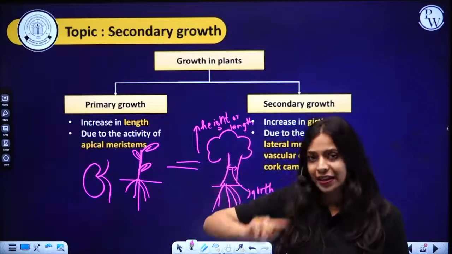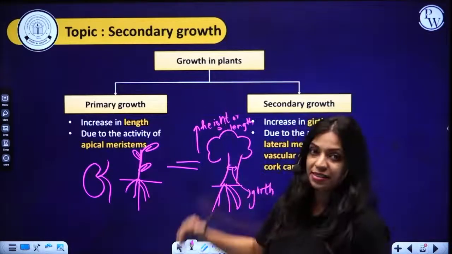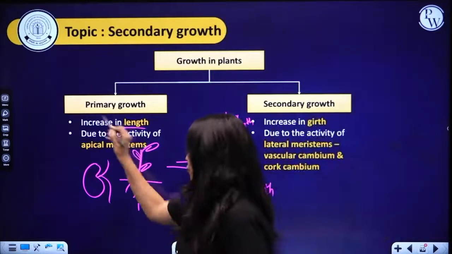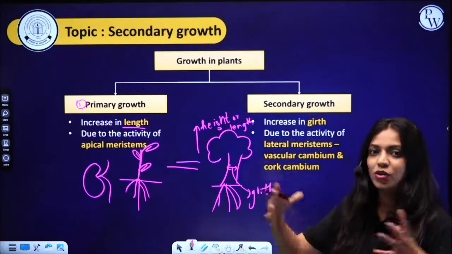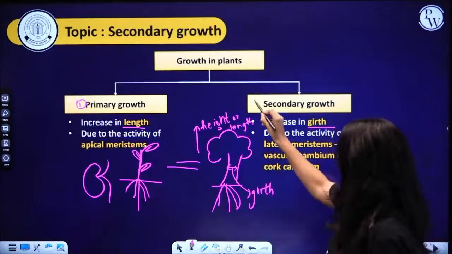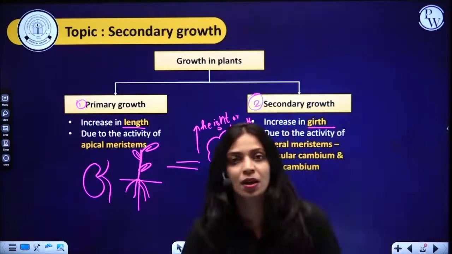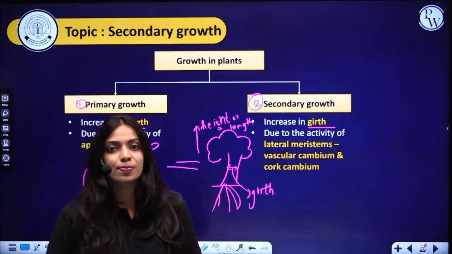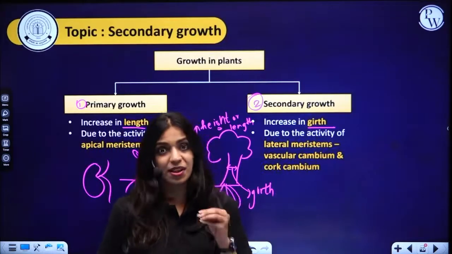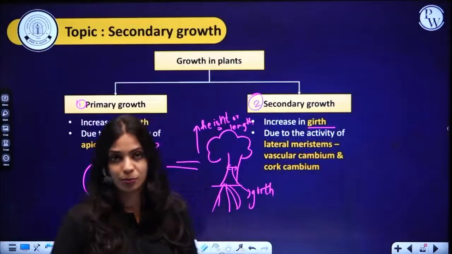The growth where there is an increase in length is called the primary growth. The growth because of which there is an increase in girth is called the secondary growth. The reason for primary growth or increase in length is because of the apical meristems present at the root tip and the shoot tip of plants.